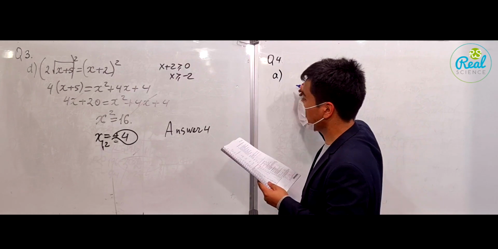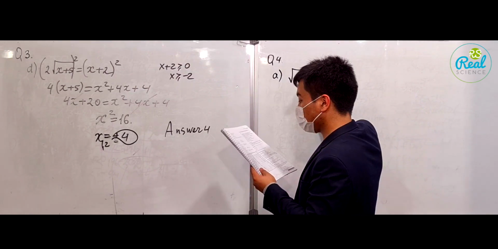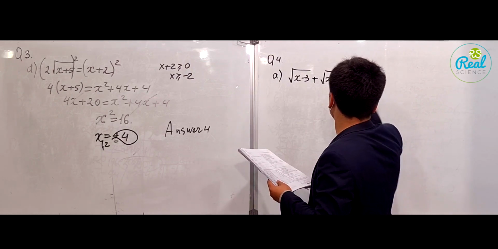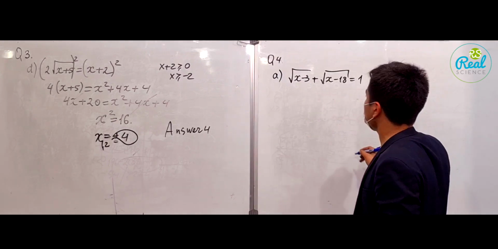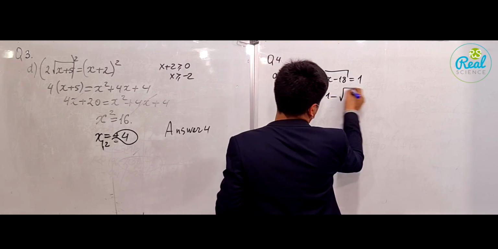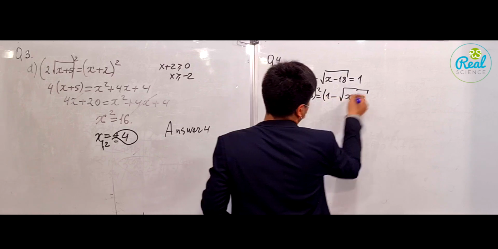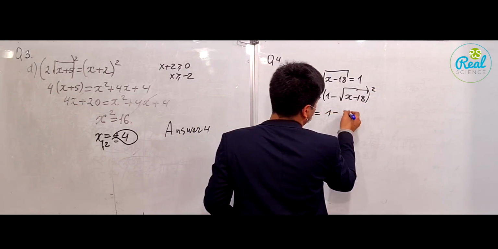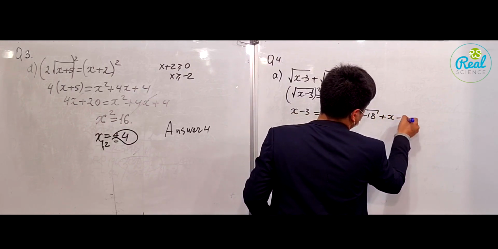A1. So, to find this, students, we will change the place, yeah? And raise to the second power. X minus 3, y minus 2, x minus 18, and x minus 18.